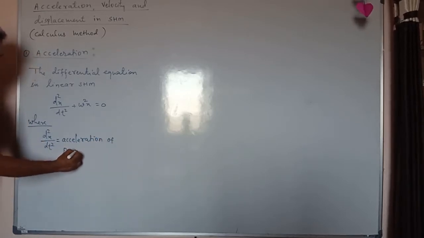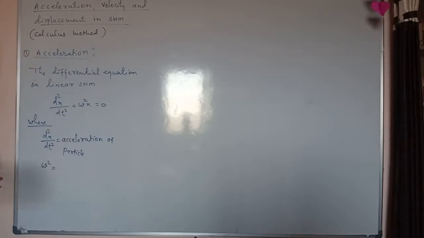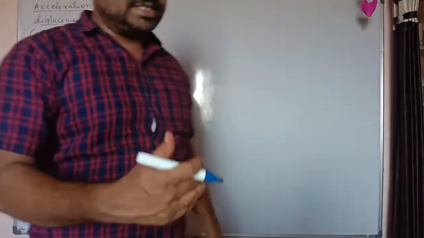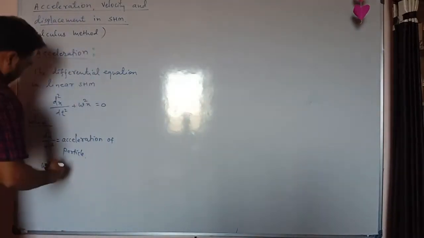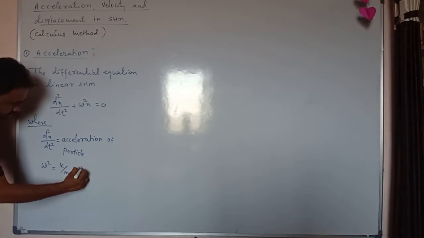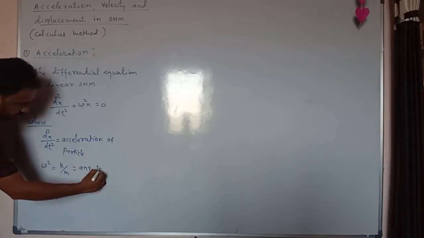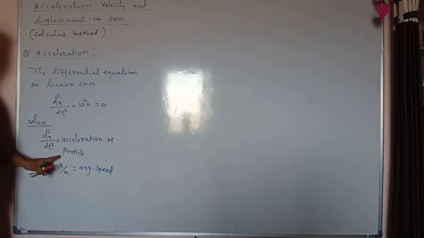Then next, omega square. What is omega square? It is related to angular speed, and we know the value of omega square in this differential equation, that is k by m. So omega square means k by m.